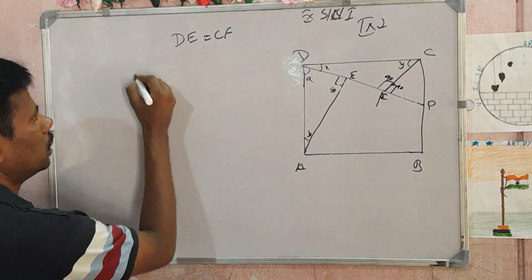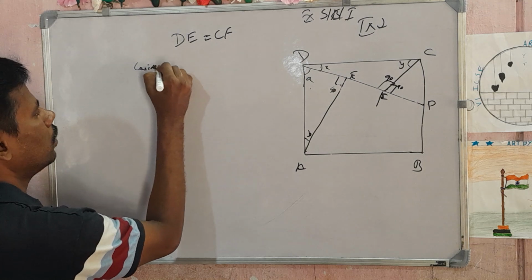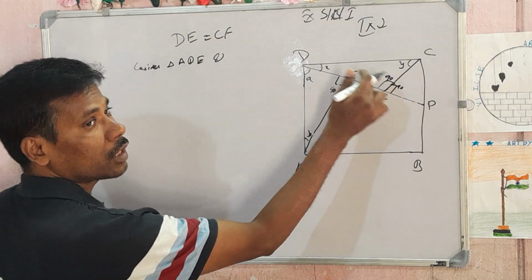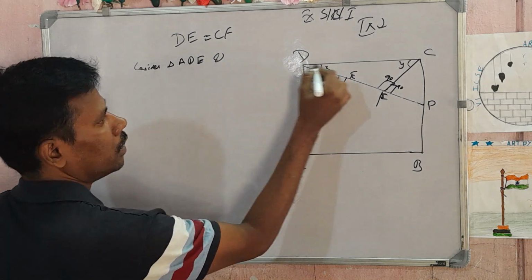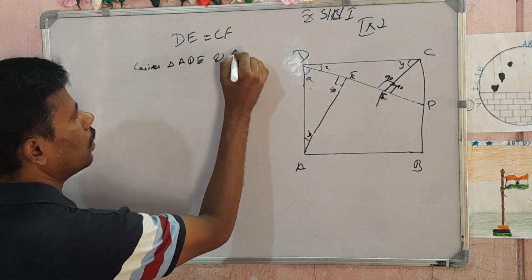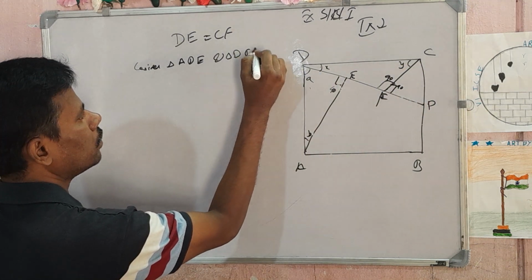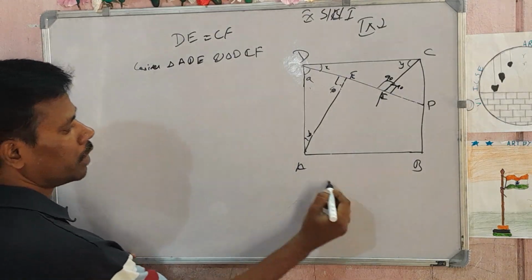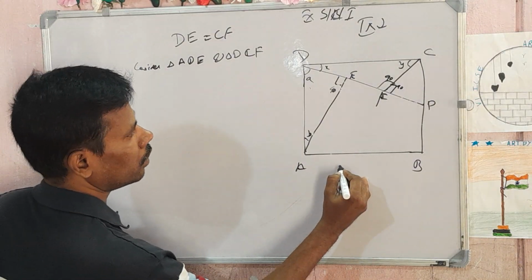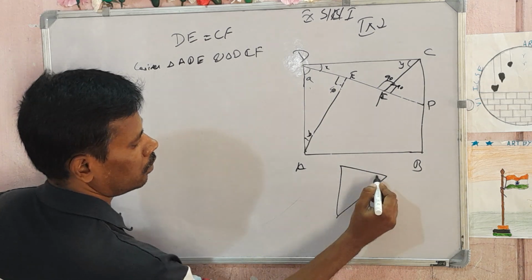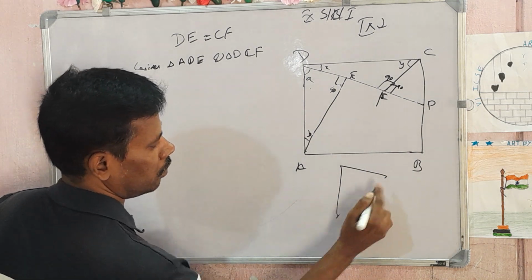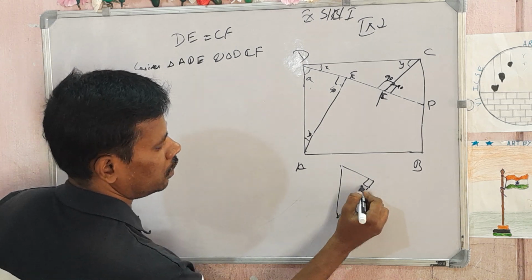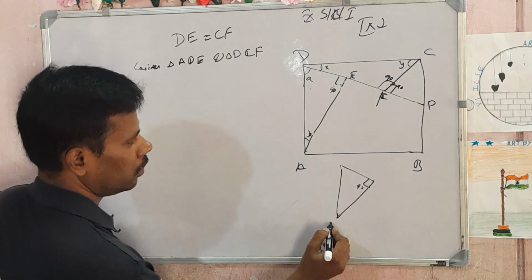what you have to do is consider triangle ADE and triangle DCF. So I will draw the sub diagram. This is very important. This is 90, right?